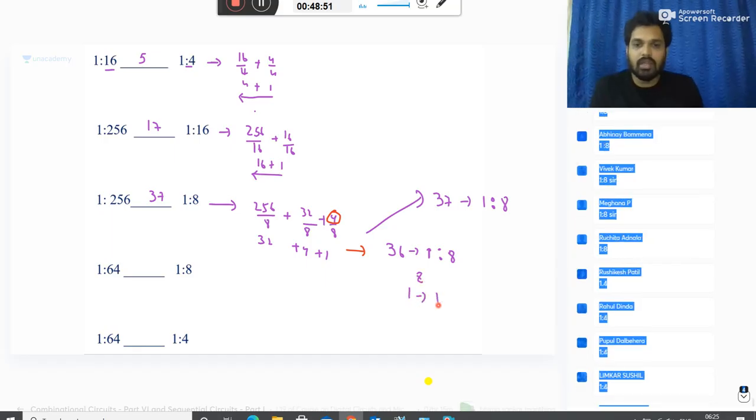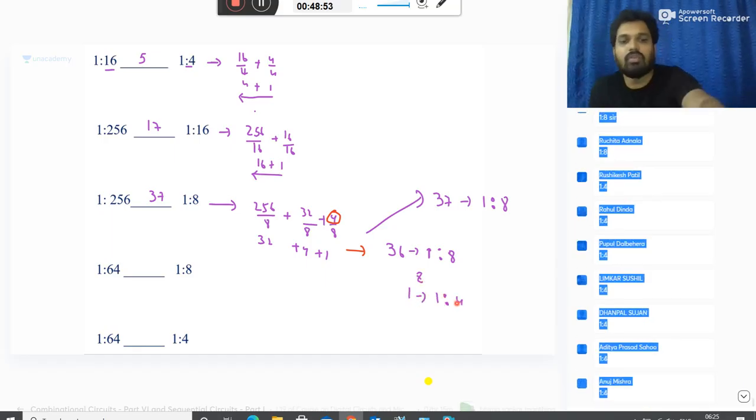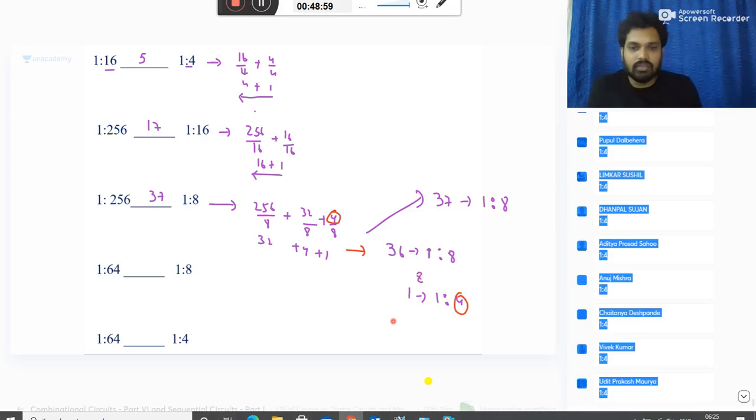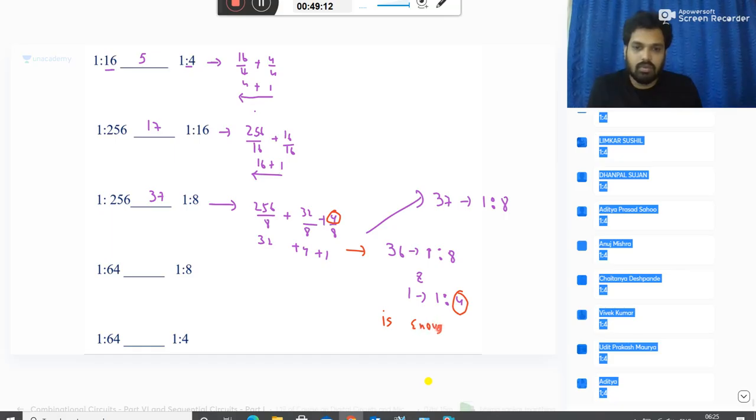What is the numerator? 4. So 1 by 4 is enough for which stage?